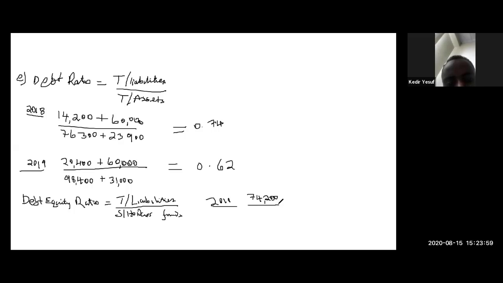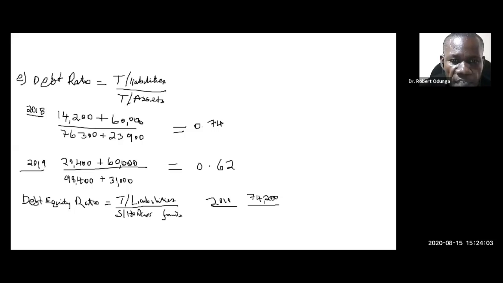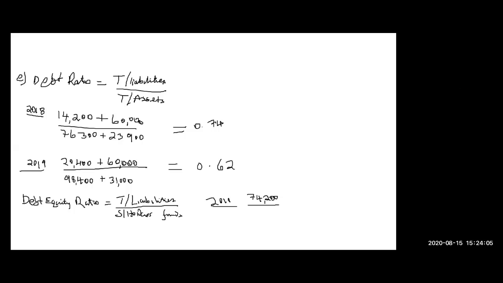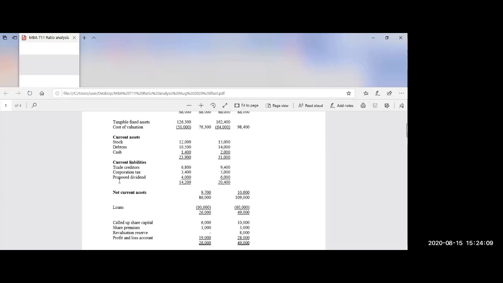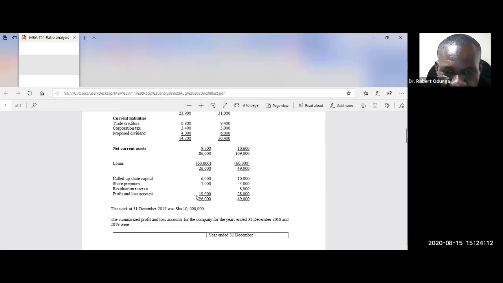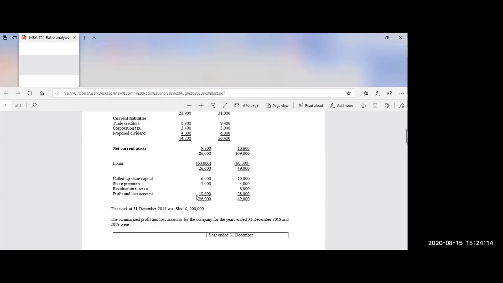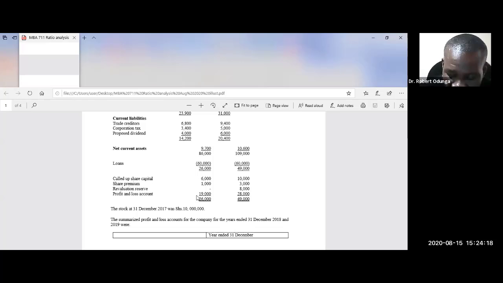Okay. Shareholders' funds. So if we check in our illustration, what is our shareholders' funds? It is actually the total of all this. So we have for 2018 it's 26,000, and for 2019 it is 49,000.